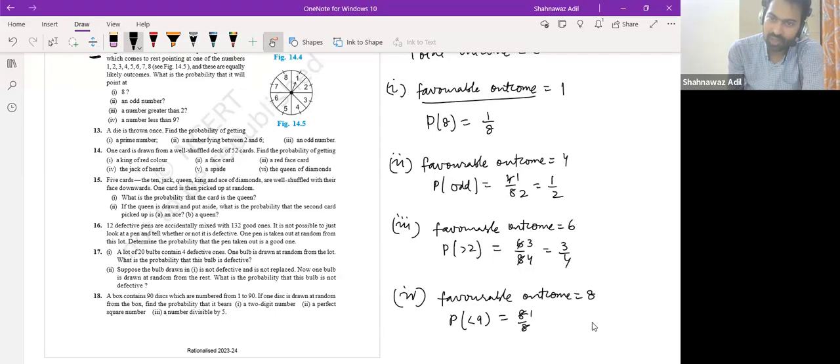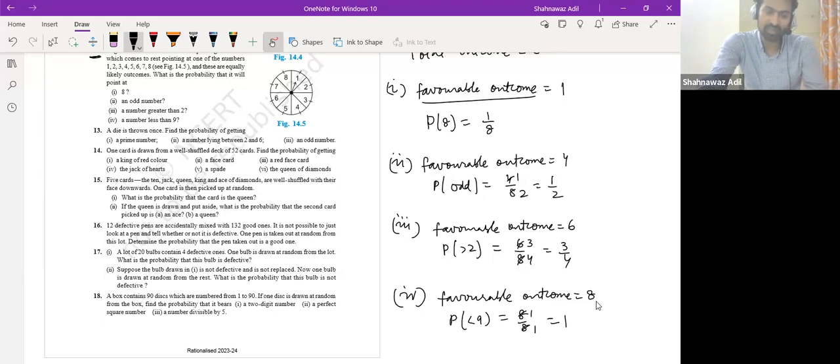So what is this event, Rizwan? Possible, certain, impossible event. Yes, Shaima said certain event.